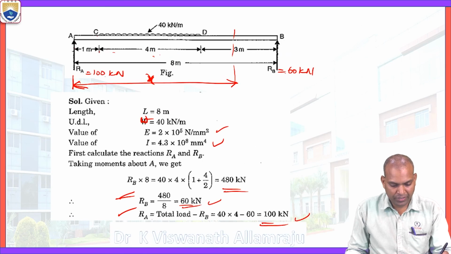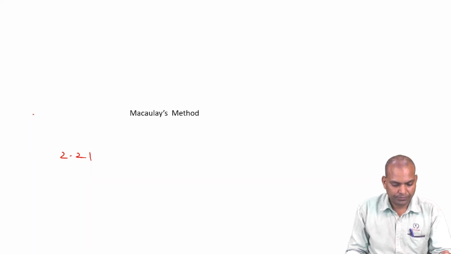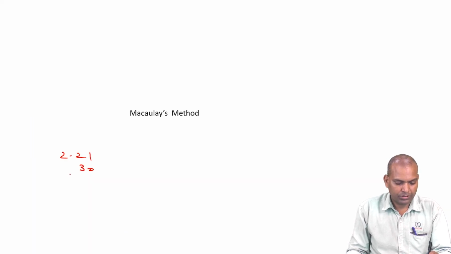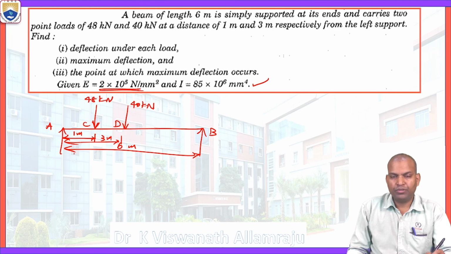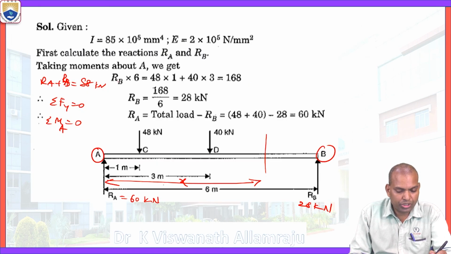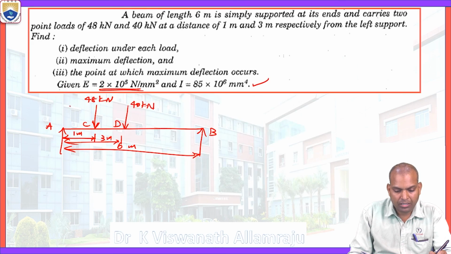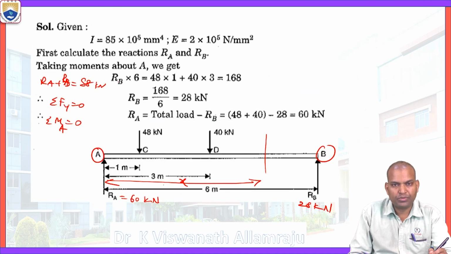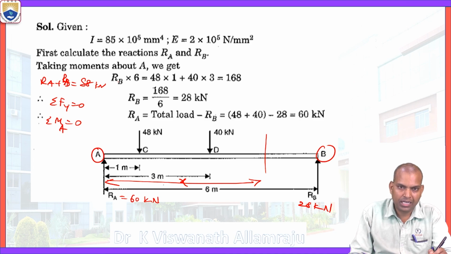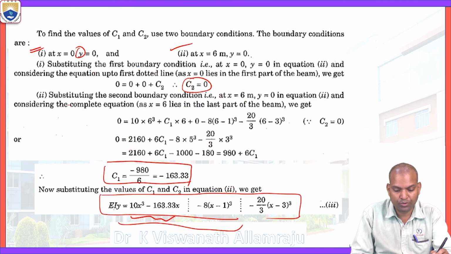So in this session we calculated the slope and deflections by using Macaulay's method, and solved problems when two point loads, that is eccentric loads, are acting at distances of 1 meter and 3 meters from the left support.